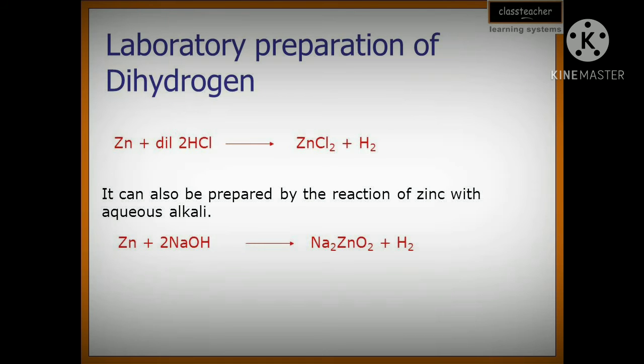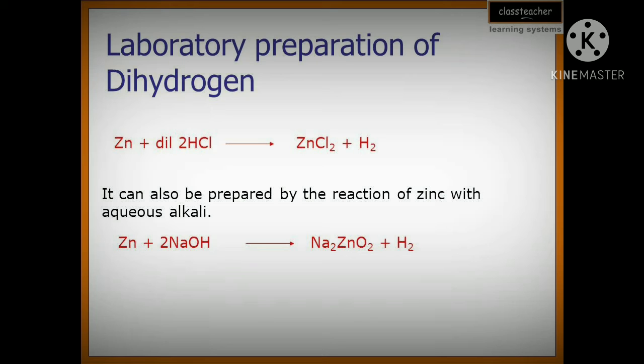Now, we are going to study how hydrogen is prepared by the action of dilute acid on metal. First of all, we will see the statement for this reaction: metal plus acid gives salt plus hydrogen.